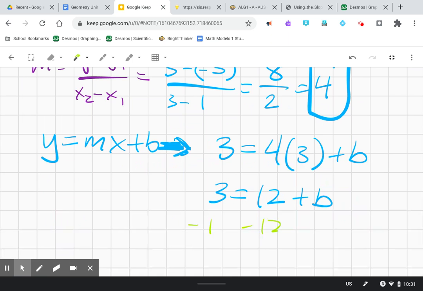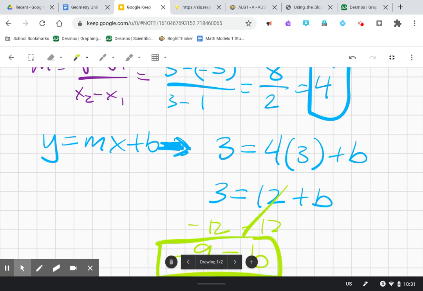Minus 12, b equals negative 9. So then I have my two values that I need. So I go back into here and I do y equals 4x minus 9.